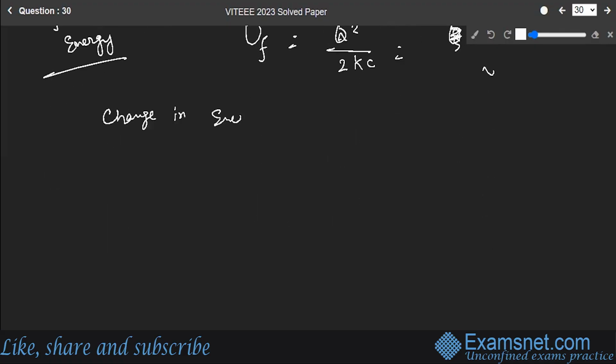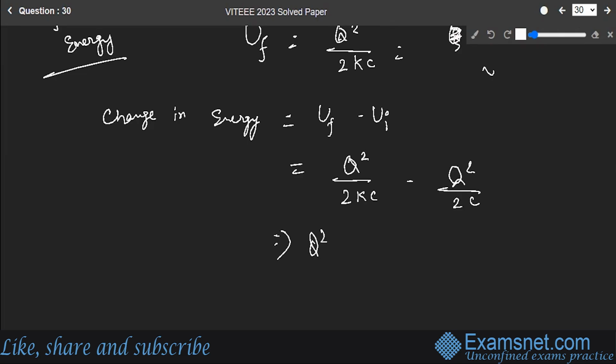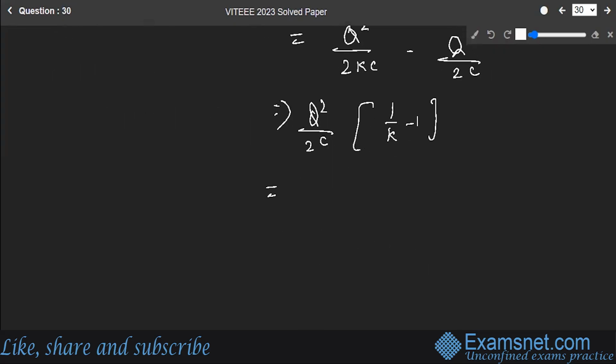Change in energy is UF minus UI, that is equal to Q square upon 2KC minus Q square upon 2C. I'll take Q square upon 2C common. I have 1 upon K minus 1, and this can be written as half CV square into (1 upon K minus 1). So now let's look at the options.